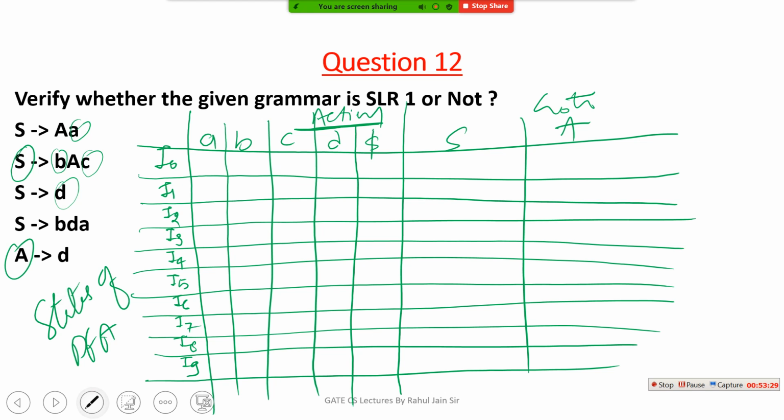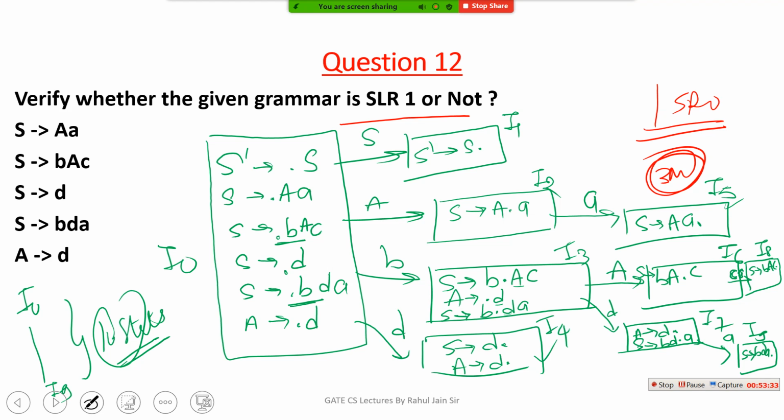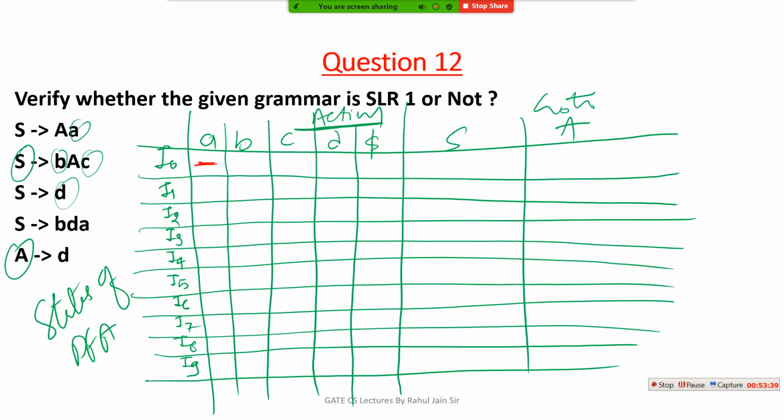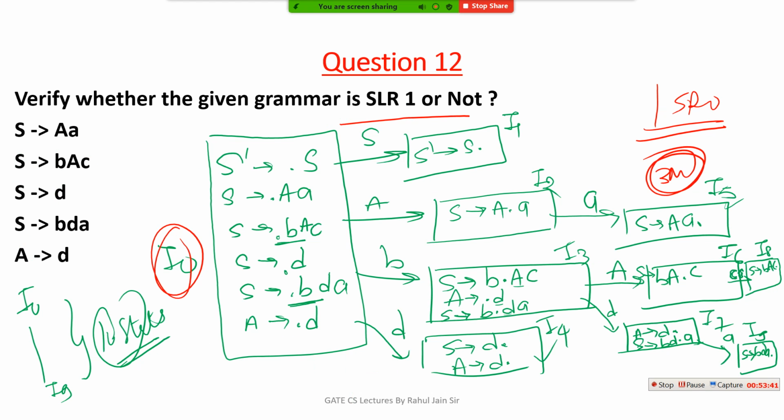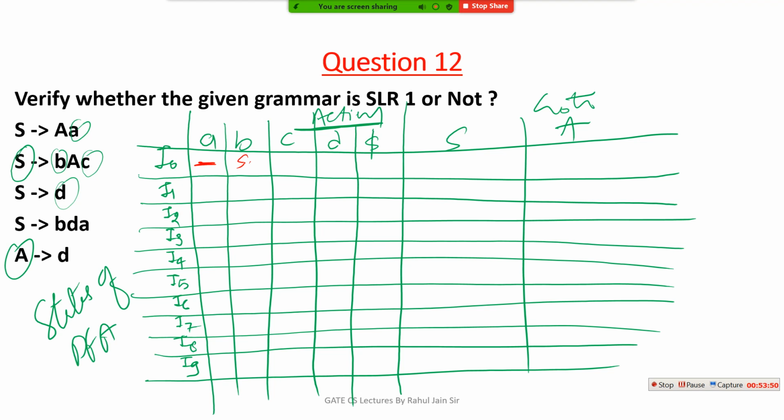So I am answering it. I0 on small a, nothing is there, so leave it blank. I0 on small b, it is shifting to I3, so S3 would be there.